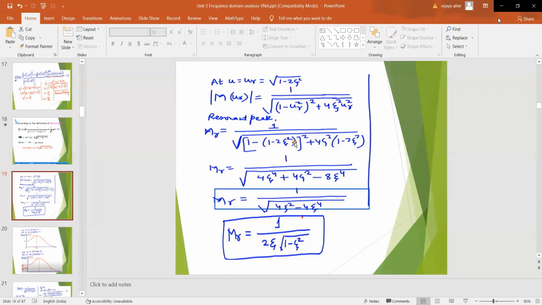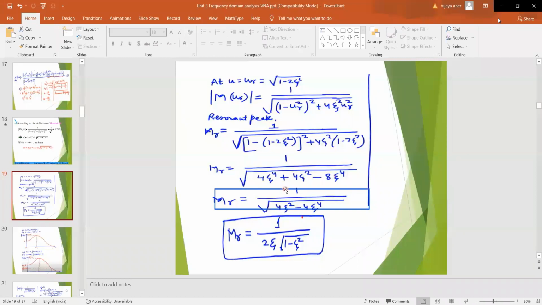The square of u r: square and under root get cancelled, bracket complete, bracket square, plus 4 zeta square. What is u r square? u r square is equal to 1 minus 2 zeta square. So put u r square is equal to 1 minus 2 zeta square and simplify. The resonant peak M R is equal to 1 divided by under root.